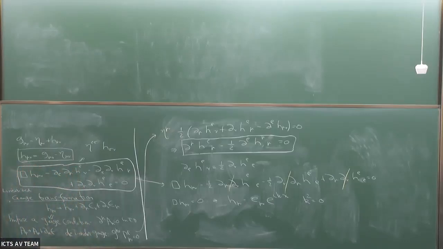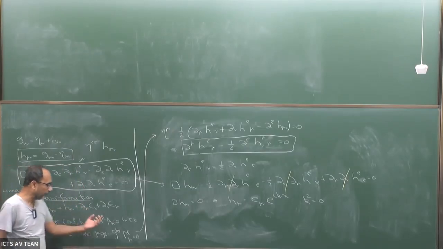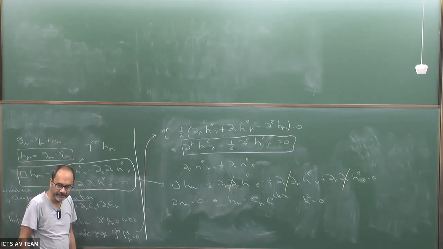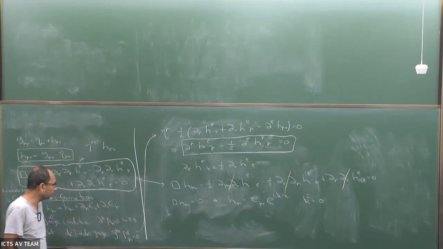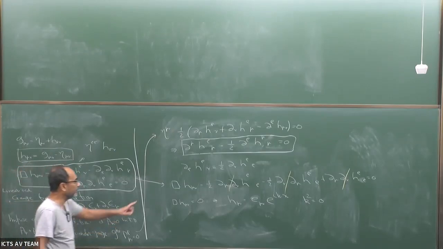Now, you have to impose the gauge condition. Just like in electromagnetism, after you get A mu equal to epsilon mu e to the i k dot x, you have to impose k mu epsilon mu equal to 0, because that's the gauge condition. So similarly, you have to impose this gauge condition.